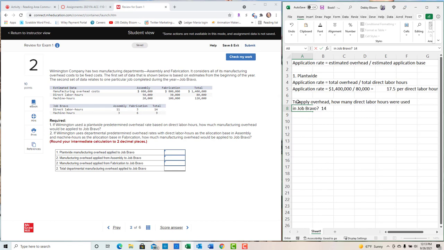So our overhead applied is going to be the 14 direct labor hours multiplied by our $17.50 application rate. So doing that calculation, I just take 14, multiply that by 17.5, and I'm going to get $245.